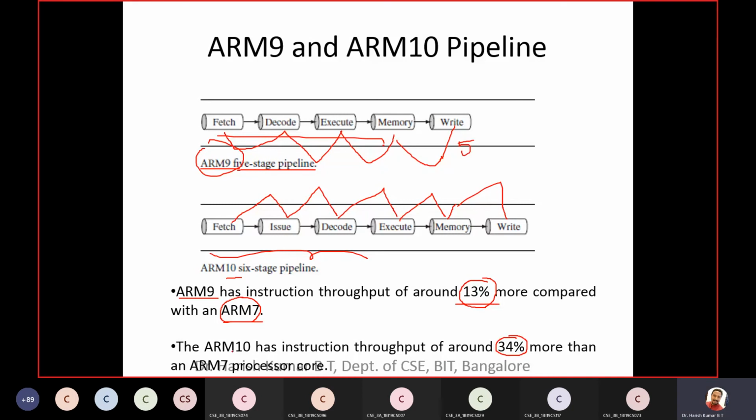So the ARM10 processor does 34% more work per second compared to the ARM7. Are people able to understand? Yes, sir. Okay.